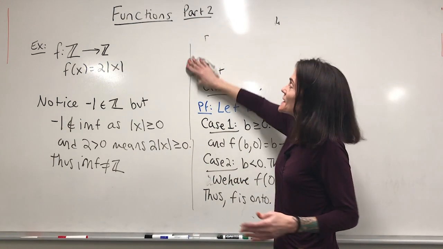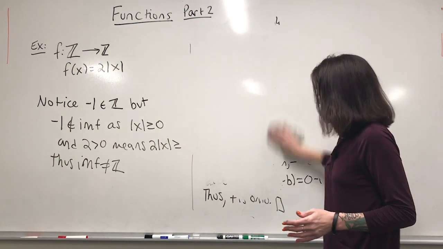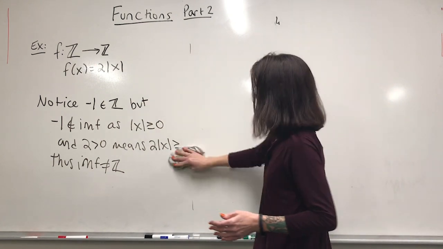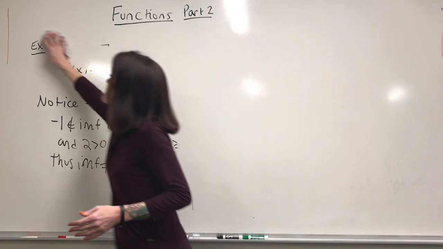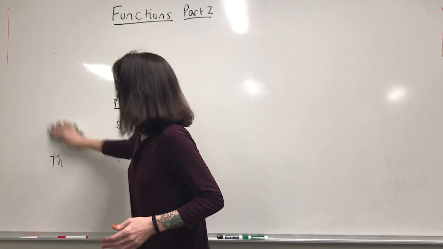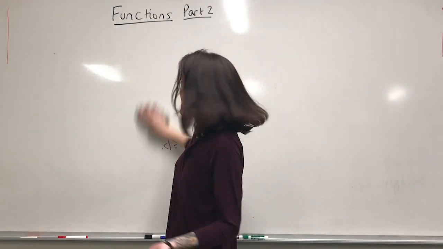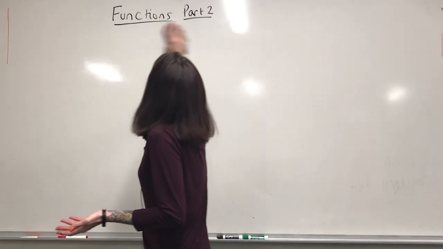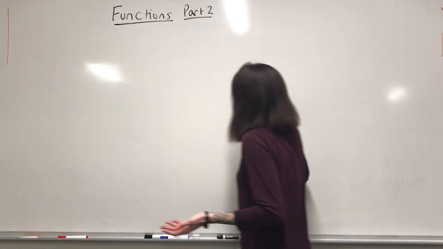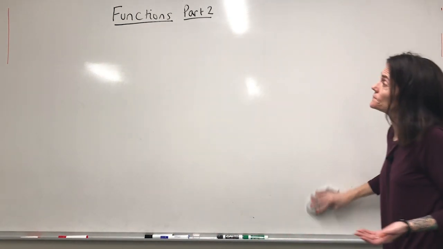Let's do one more example, and then I will define bijection. This is going to be an example that was not from last time, but we will look at both one-to-one and onto.